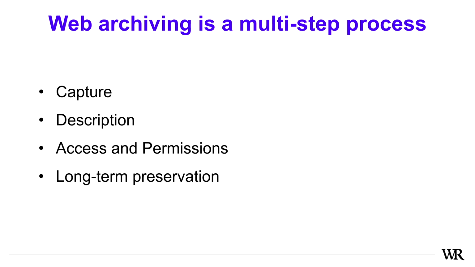So pardon me if I'm saying stuff you already know, but web archiving in general is a multi-step process. Most of the time, with Gmail, you see something like "archive your email." All that's really saying is don't delete it. But web archiving is much more than just don't delete it.